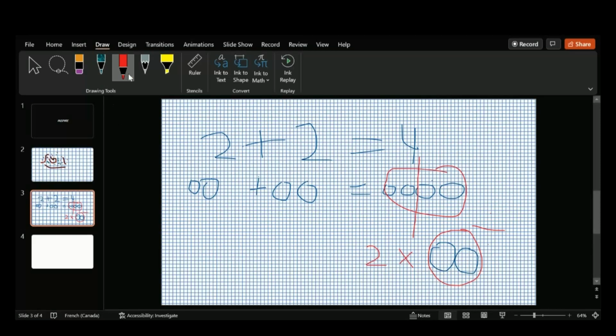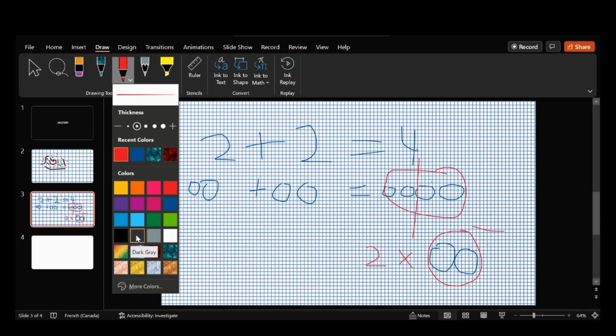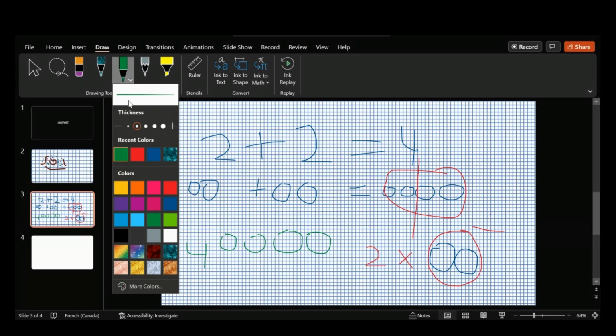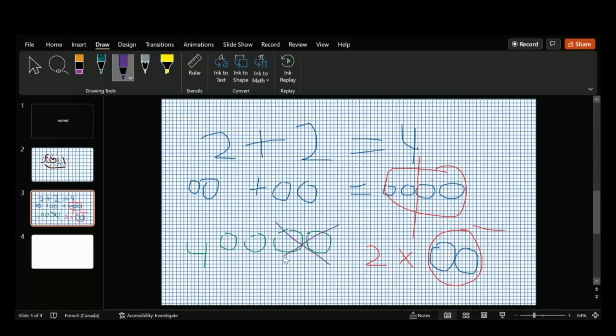So then next, we have subtraction. So let's say we had 4 circles, and we want to take away 2. So what we do is we take away the 2. What would we have left?